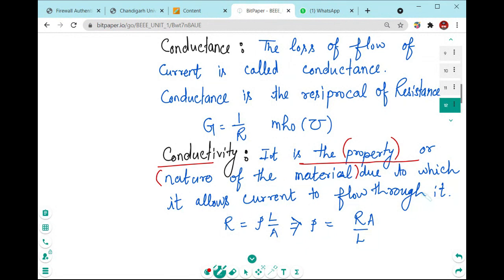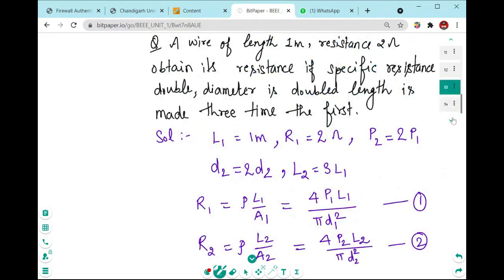As we know very well, the resistance R can be represented by rho L by A, so the resistivity rho is equal to R A by L. Resistivity and conductivity depend upon the nature and property of the material. If your material has a good quality, then its conductivity is more. Clear?